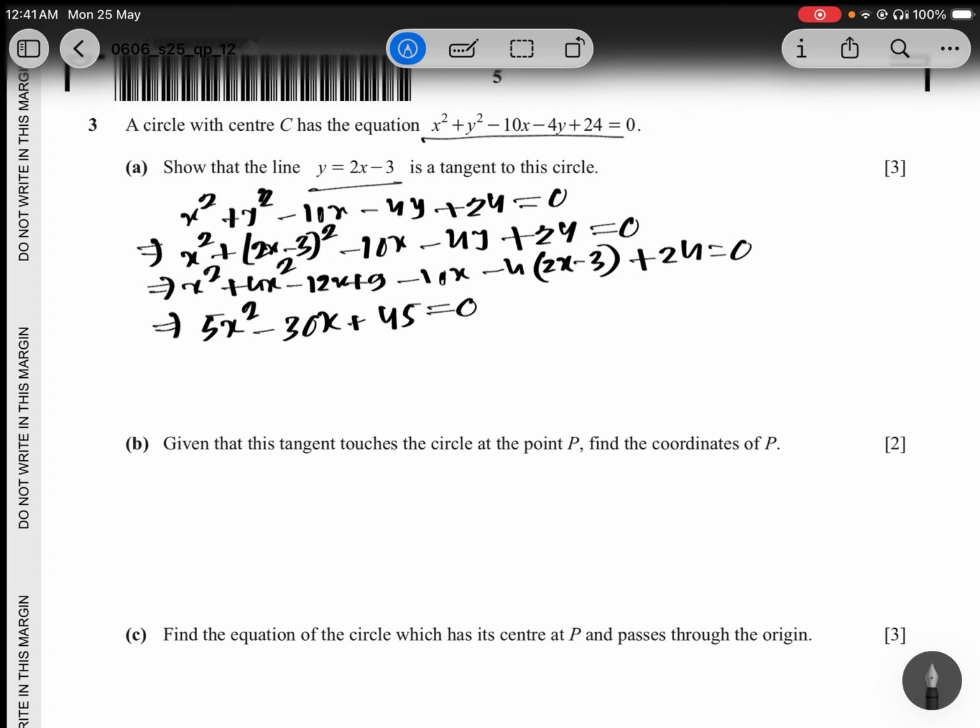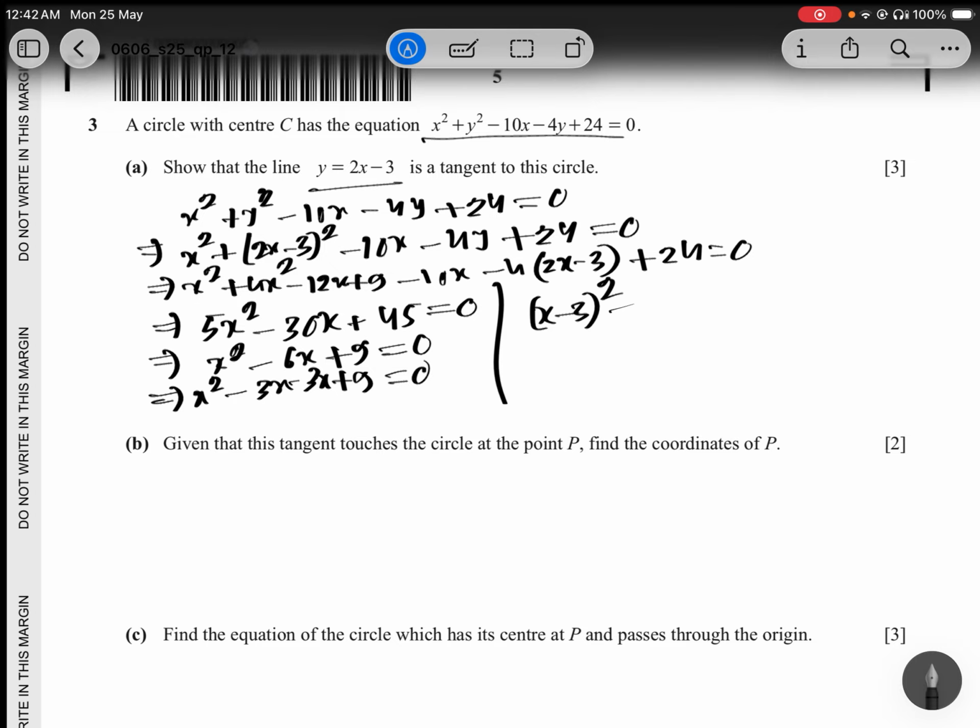So what would be the value of this one? If I take 5 as common, it would become x squared minus 6x plus 9 equals 0. So x squared minus 3x minus 3x plus 9 equals 0. So I can show that x minus 3 whole squared is equal to 0.